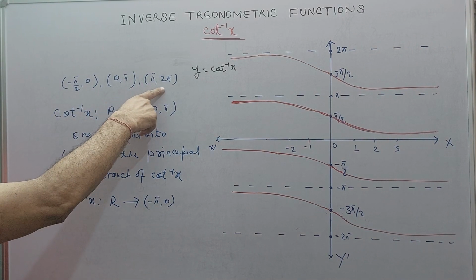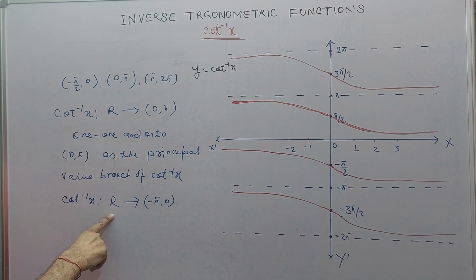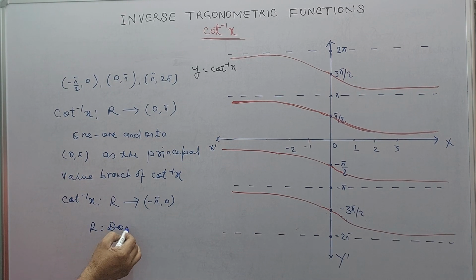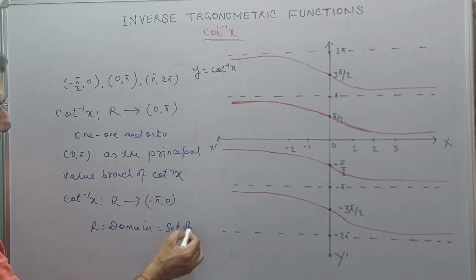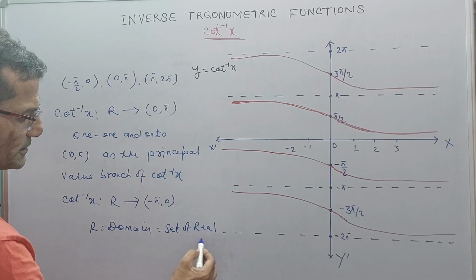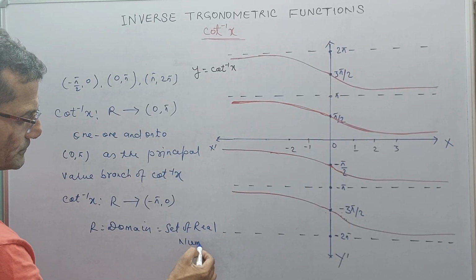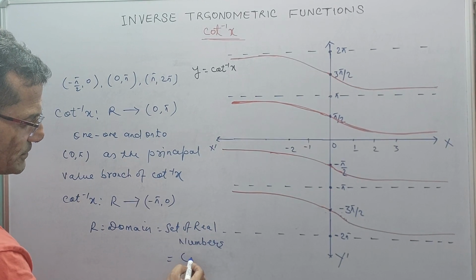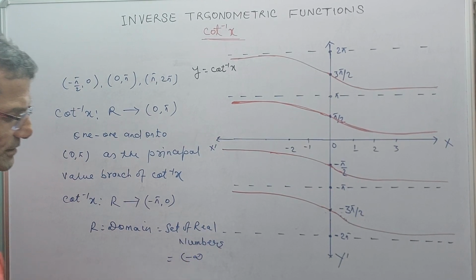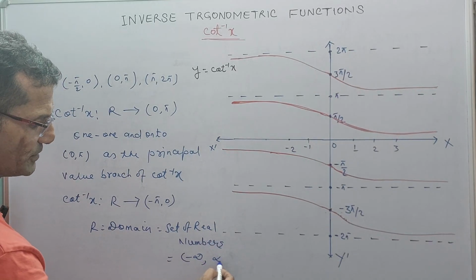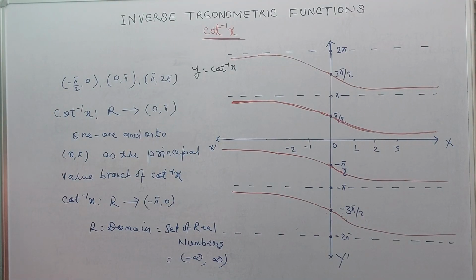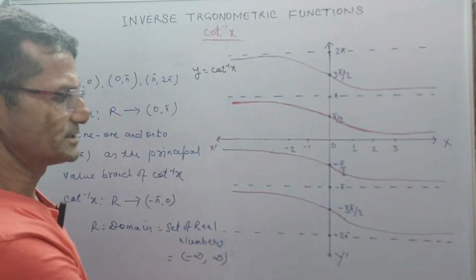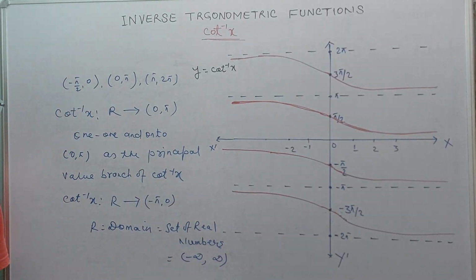If I consider all these intervals, all should have the same domain. The domain will be the set of real numbers, all real numbers from minus infinity to plus infinity. It will be an open interval at minus infinity and plus infinity, because they are not real numbers.